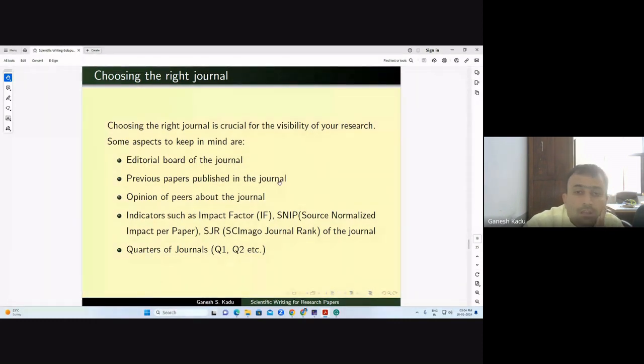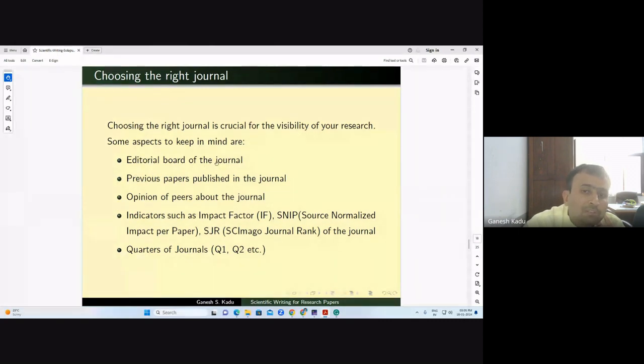So by assessing the quality of papers published in previous issues of this journal, you can gain some understanding about the journal, and this is a very good way to judge its quality. This is the first point that I've written here, right? Maybe I should have written this first.